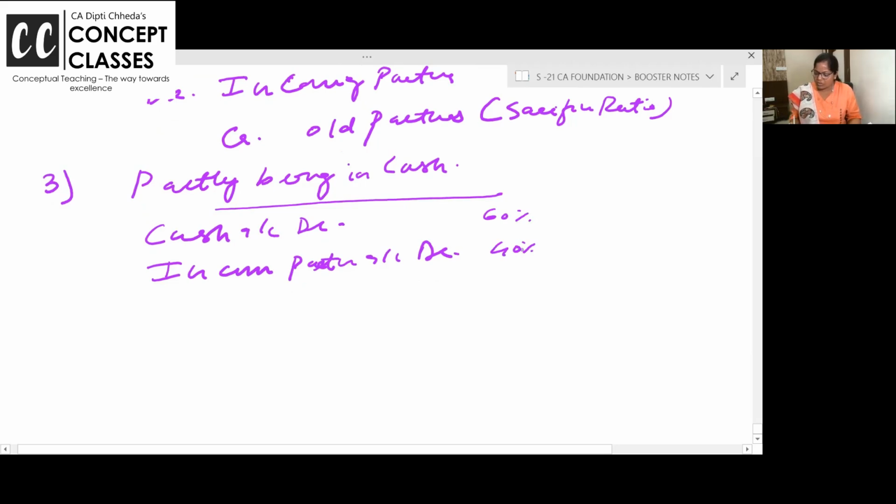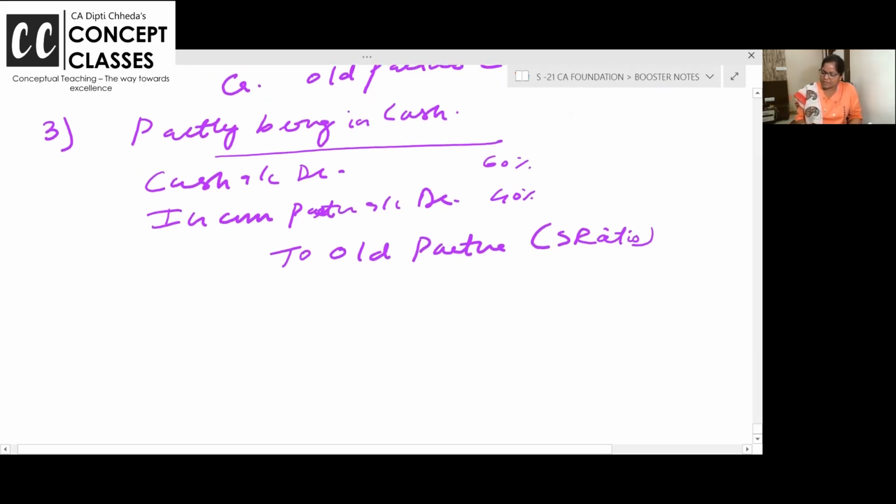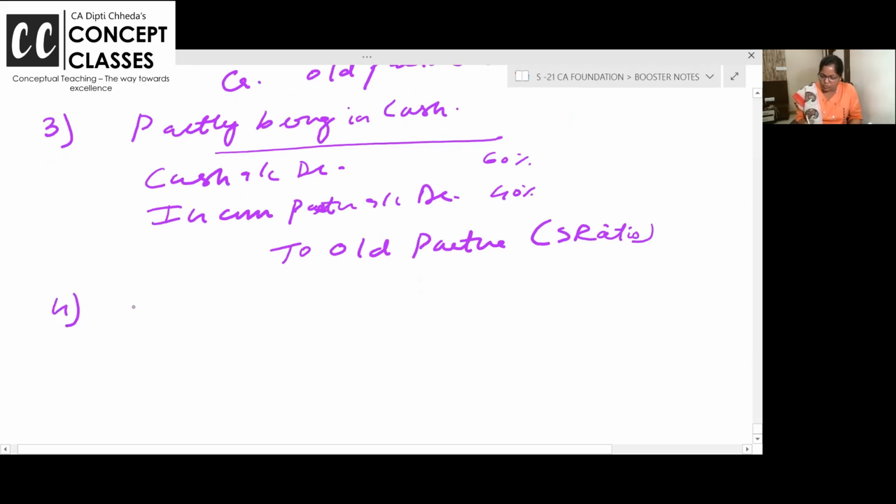Incoming partner account debit for the part not brought in cash. Credit two old partners, sacrificing ratio.